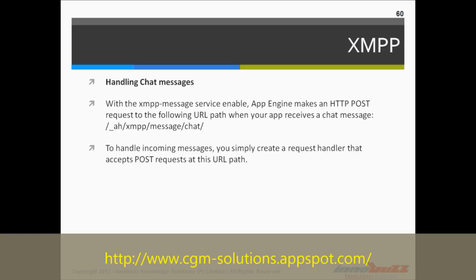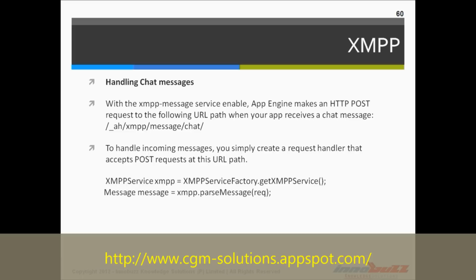To handle the incoming messages, you simply create a request handler that accepts post requests at this URL path, and then we will receive the request in the XMPPServiceFactory.getXMPPService, and then get the XMPP message from the JID which came from the request.